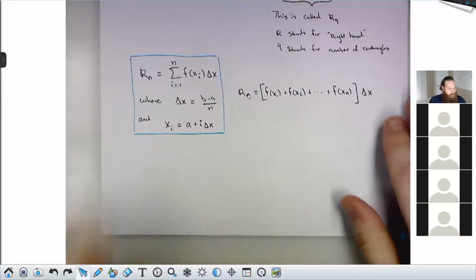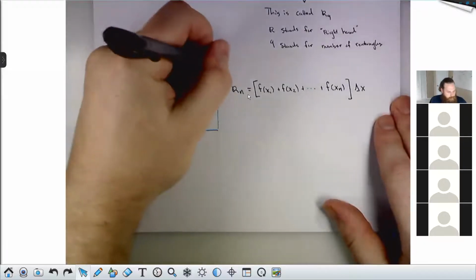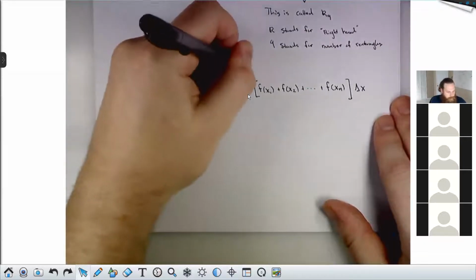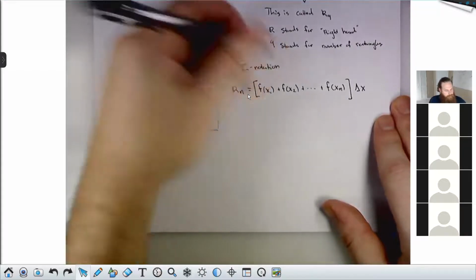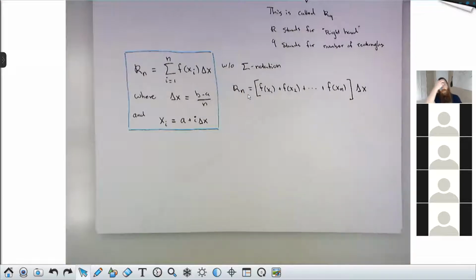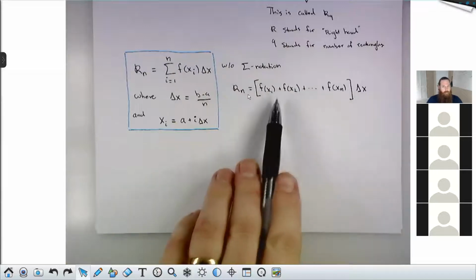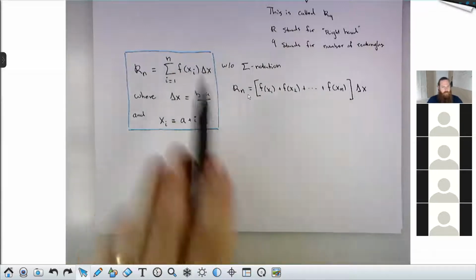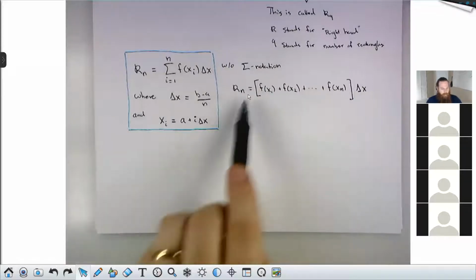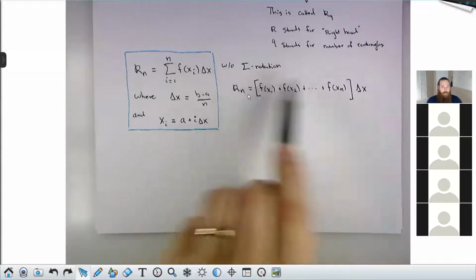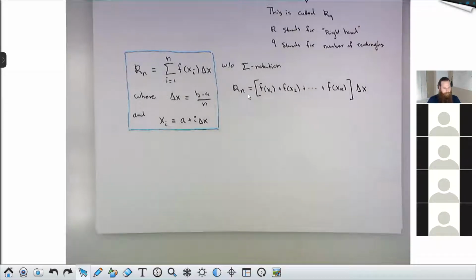Without sigma notation. If n is small, like 3, 4, 5, I tend to use this form. If n is large, I'll usually use this form. If you're calculating by hand, you'll need to at some point expand into this form.